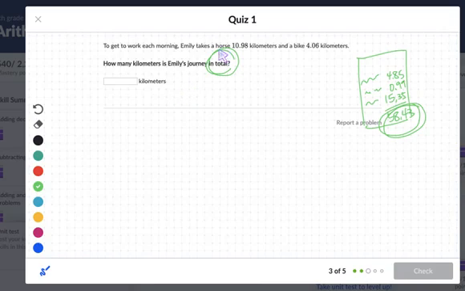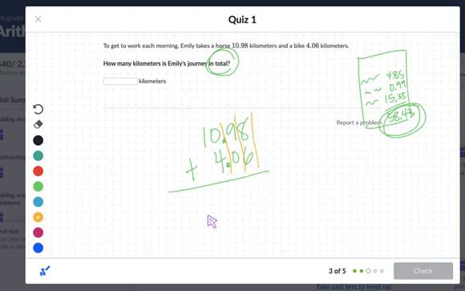All right, so here we're going to add these up. 10.98 or 10 and 98 hundredths plus 4.06 or 4 and 6 hundredths. I need to make sure that my decimal places are lined up before I add. So decimal place lined up, tenths lined up, hundredths lined up.